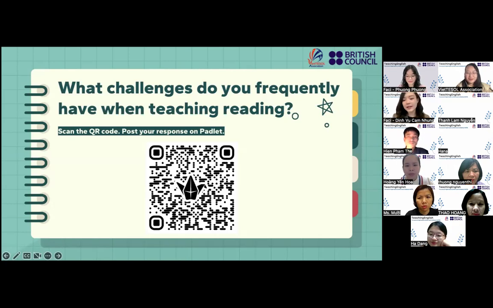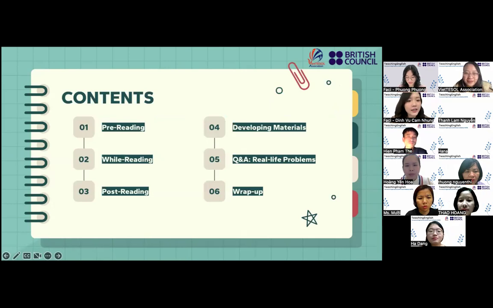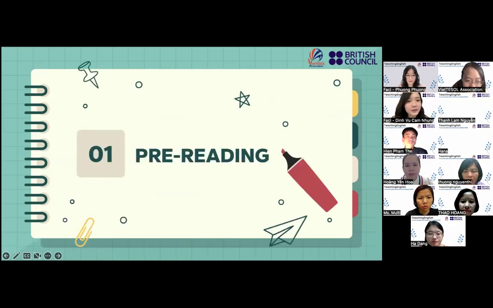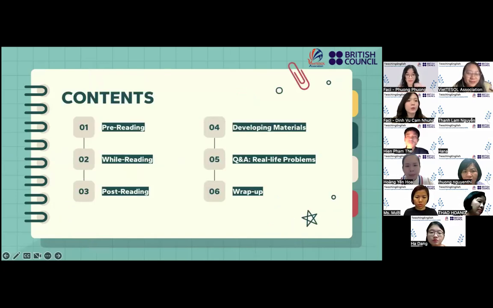Okay, so let's move on to the outline of our workshop today. We are going to have five main parts. First, we are going to go through the basic stages of a reading lesson: the pre-reading activities, the while-reading activities, and the post-reading activities.